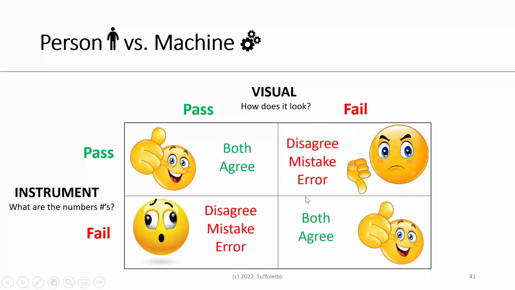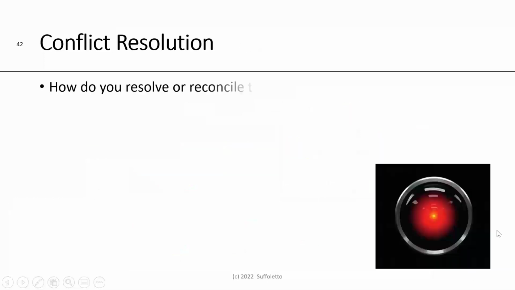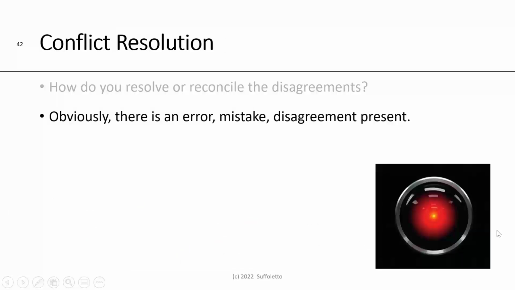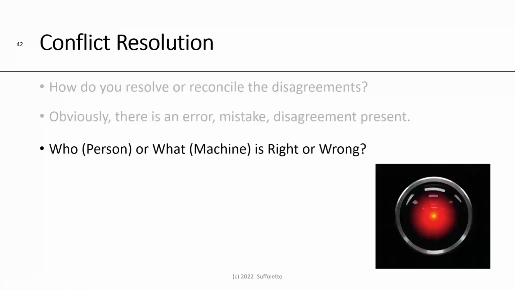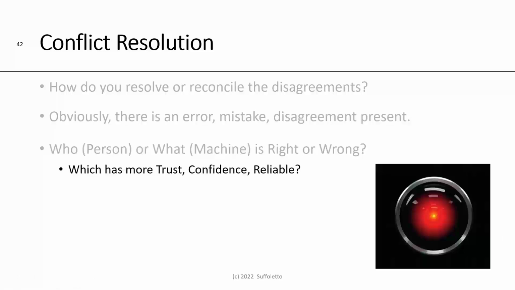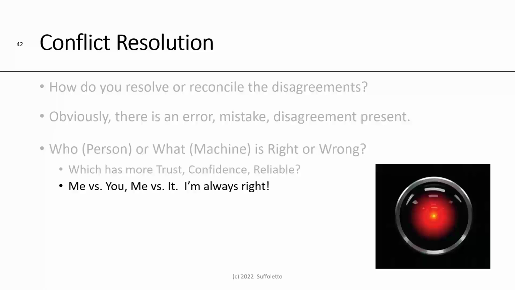Now, the facial expressions here, we can talk more about confusion versus anger. So let's try to resolve the conflict here. You obviously have an error, a mistake, or a disagreement present. Who, person, or what machine is right or wrong? Who or what do you trust, have confidence in, and is reliable? Is it me? Is it you? Is it me? Is it it?